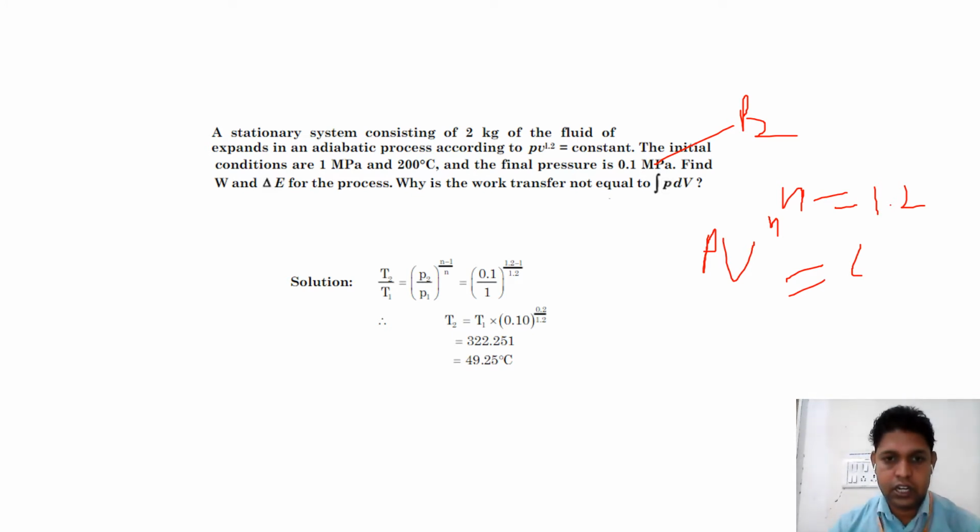So let's start. We know the condition is given: PV^1.2 is equal to constant.